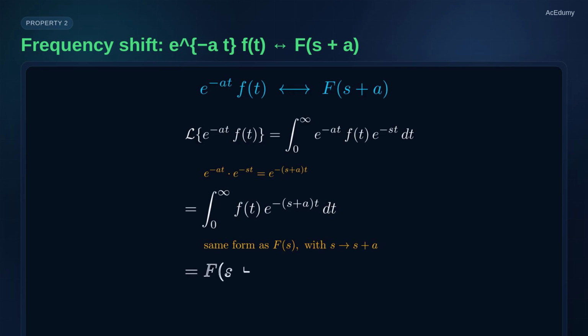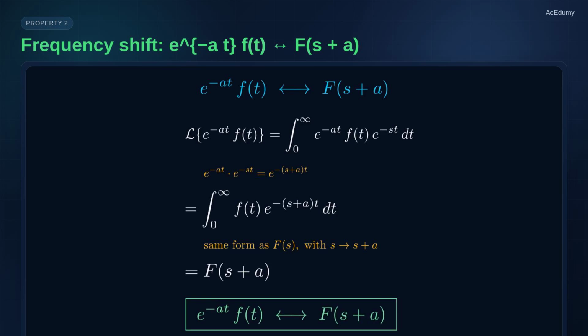So the integral has the same shape as the original transform, with s replaced by s plus a. The result? Multiplying by an exponential in time shifts the s variable by a. This is the symmetric mirror of the time shift theorem.